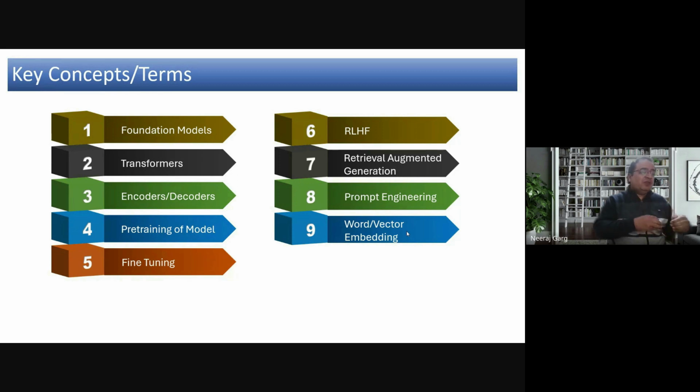So whenever there is data on which we want to query something, that data also has to be translated into vector embeddings, word to vector embeddings. So that is the concept related to word vector embedding. How does it happen?